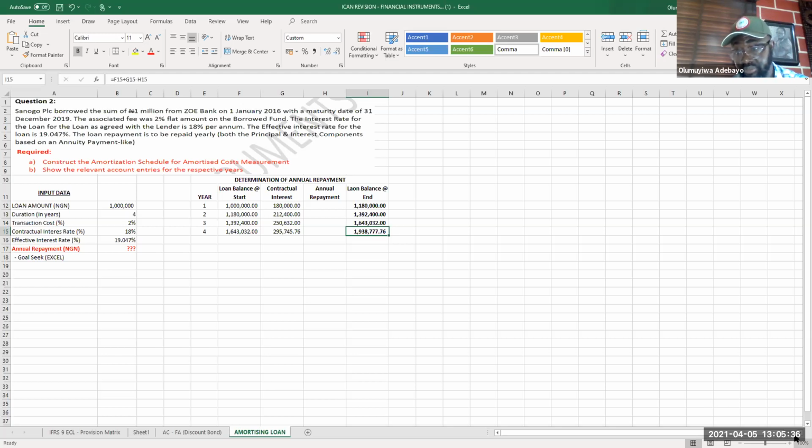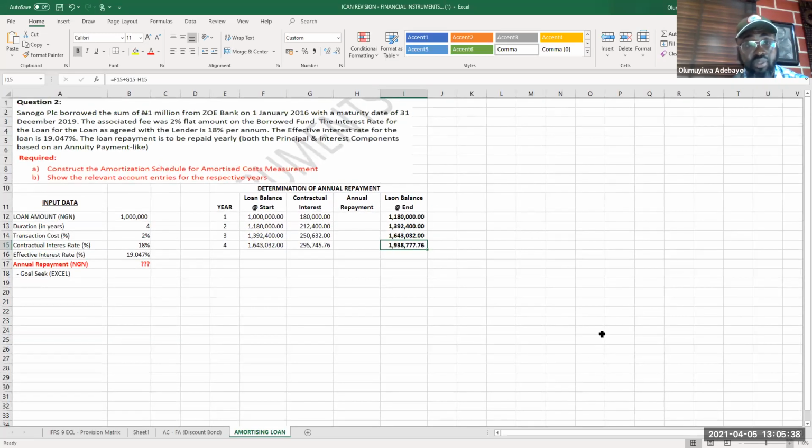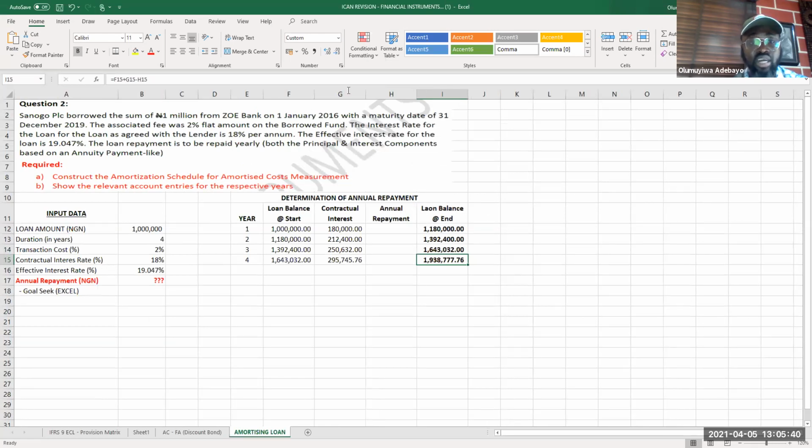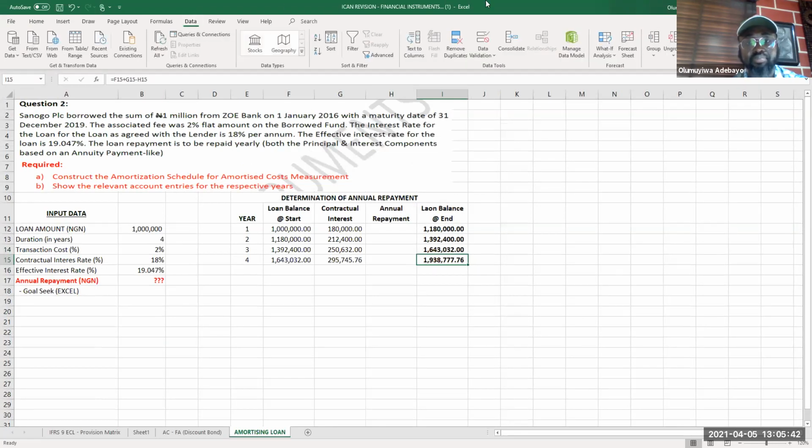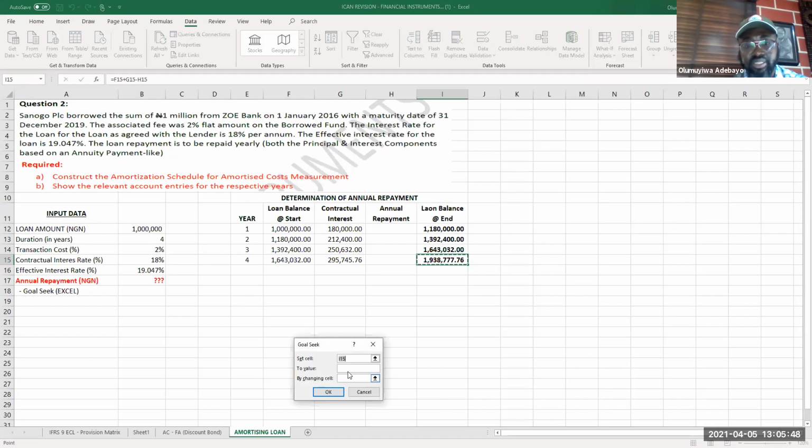Let me enlarge it. This is supposed to be 0. I'll now go to my data, to my what-if analysis, to my goal seek. I'm seeking this such that it is 0, given that I've not missed any payment.